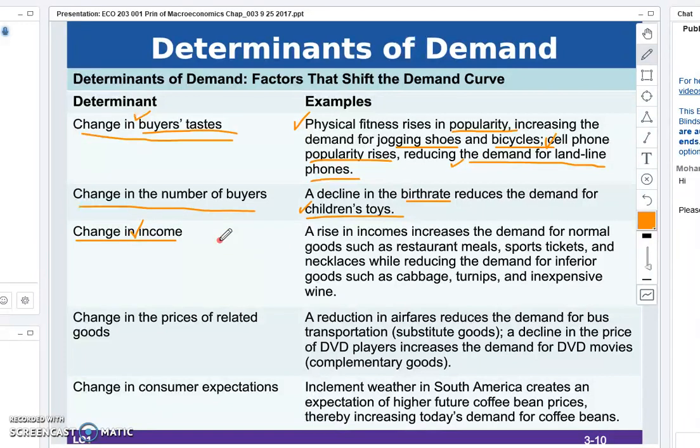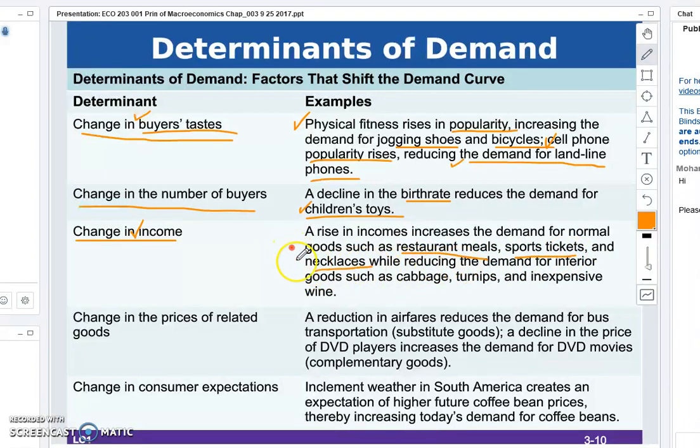Inferior goods are cheaper brand goods like ramen noodles, generic wine, used cars, used tires. People use more of those when they are poor, but when their income increases, they switch to more expensive items. So the example is a rise in income increases demand for normal goods such as restaurant meals and sports tickets.